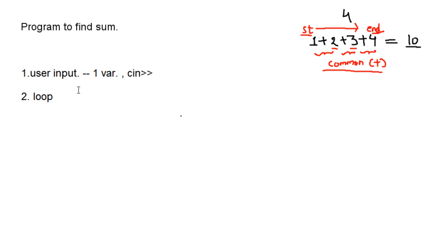Here in the loop we have start as 1, end as the user-given number, let's say n, and an increment of +1. Every step is of +1, and the common code is sum or plus. These are my loop properties.